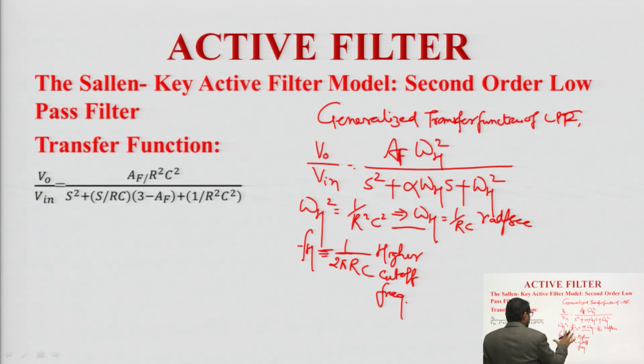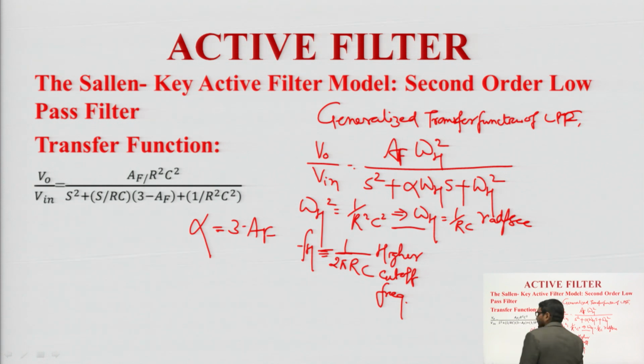Another term is alpha. If we compare these two equations, we get alpha equal to 3 minus A_F, and this is defined as the damping coefficient.